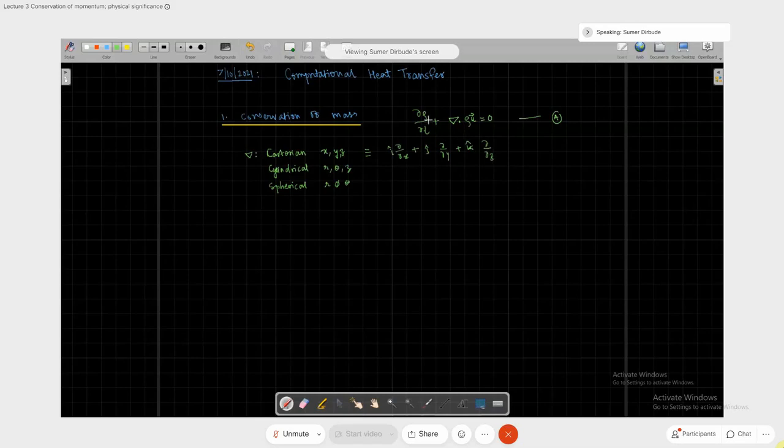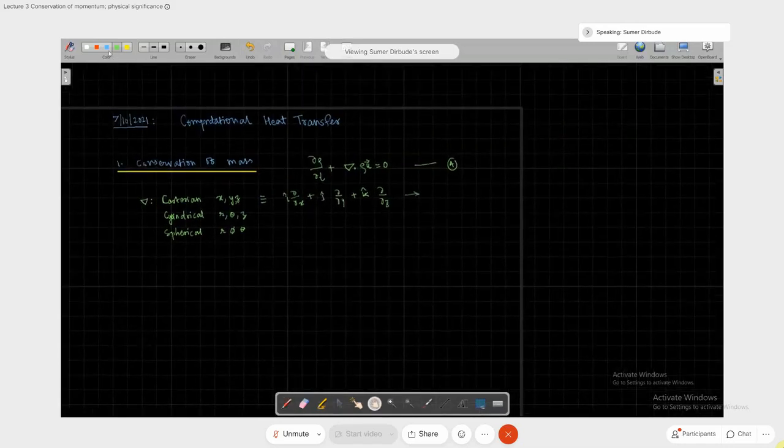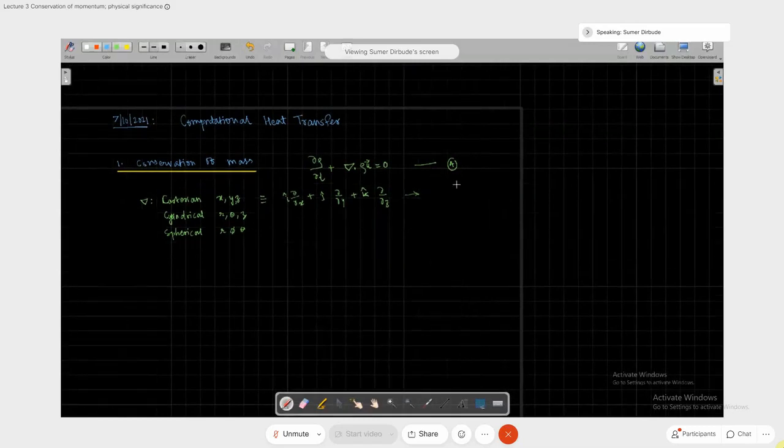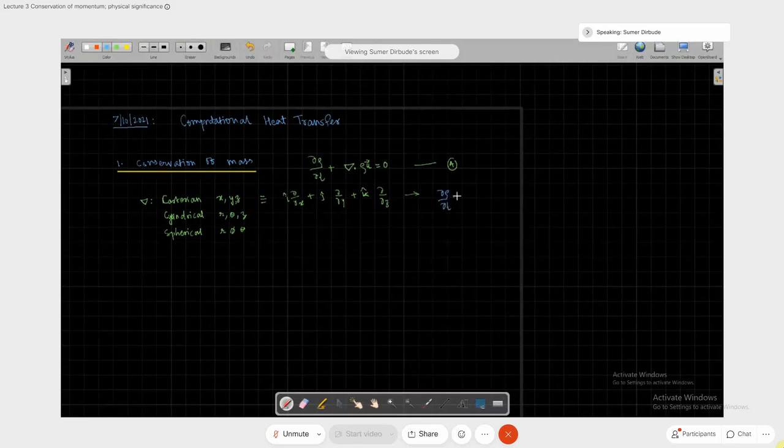Using that, you can get an expression for Cartesian coordinate, and what was the equation we got? ∂ρ/∂t plus del operating on ρu.